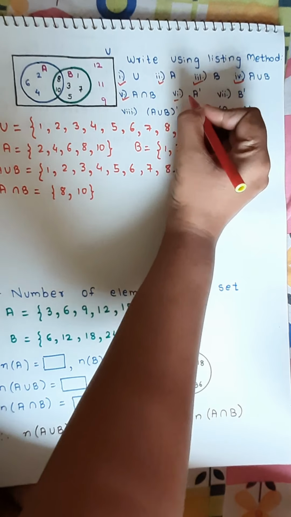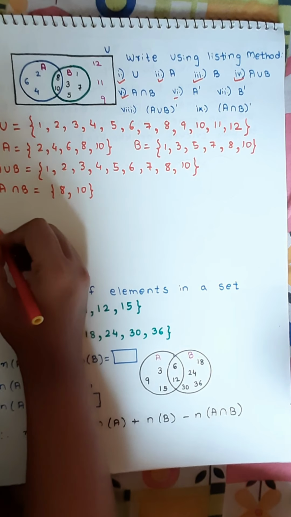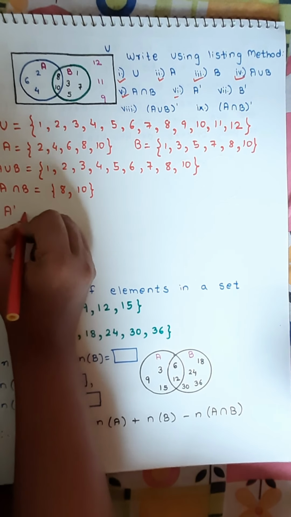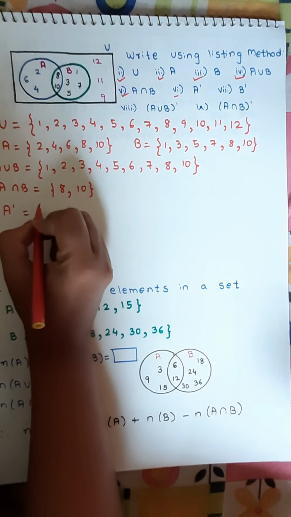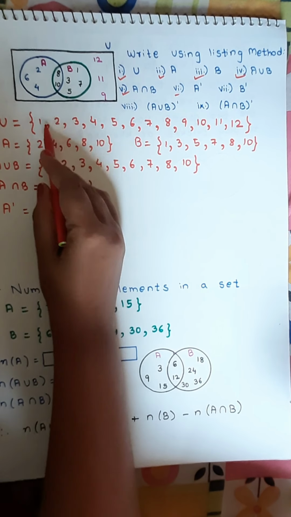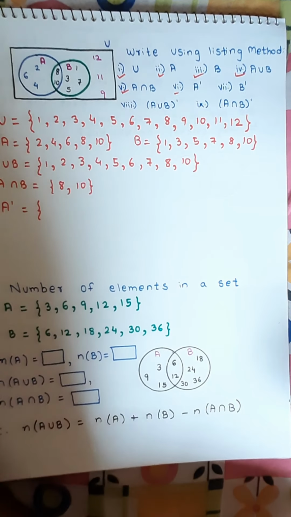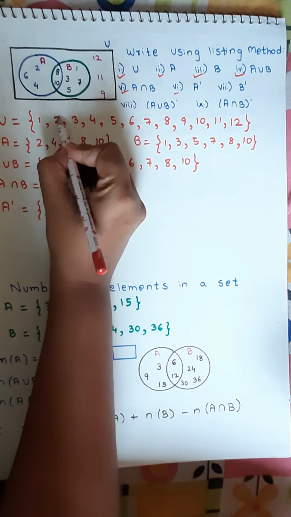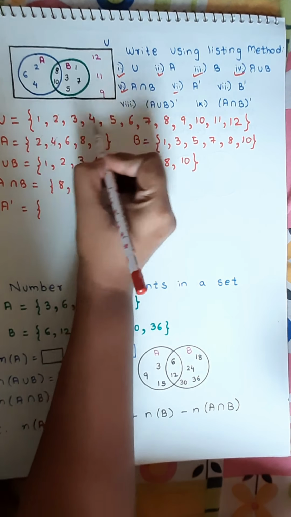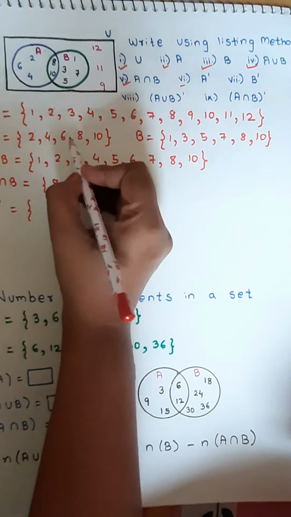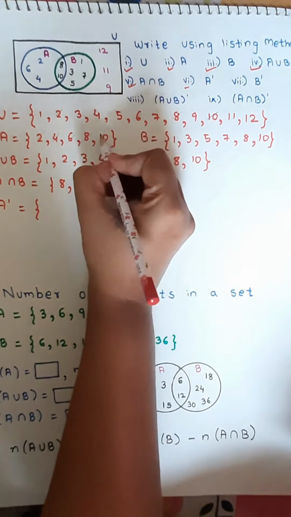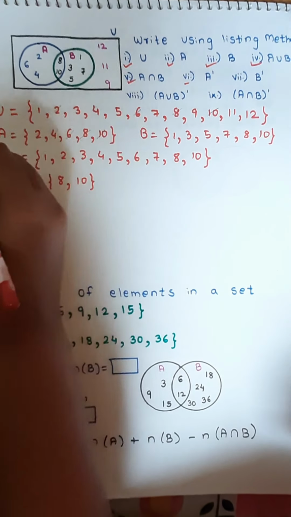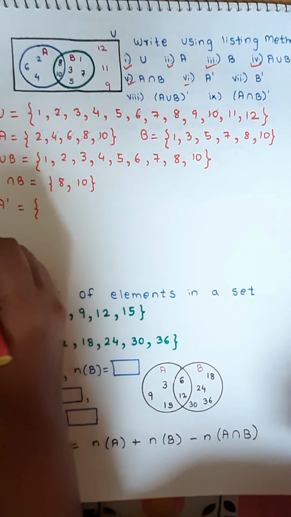A complement. Now A complement means you have to consider the universal set U and the set A. Whichever are common, you strike off. 2 is common, 4 is common, 6 is common, 8 is also common, next 10 is also common. Rest everything you write down in the A complement.